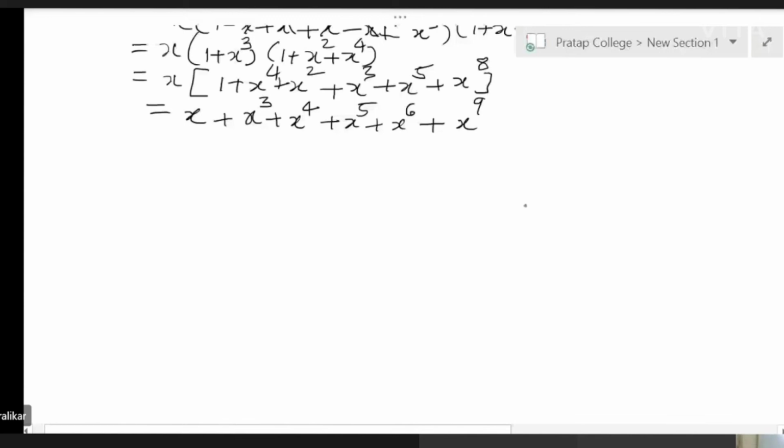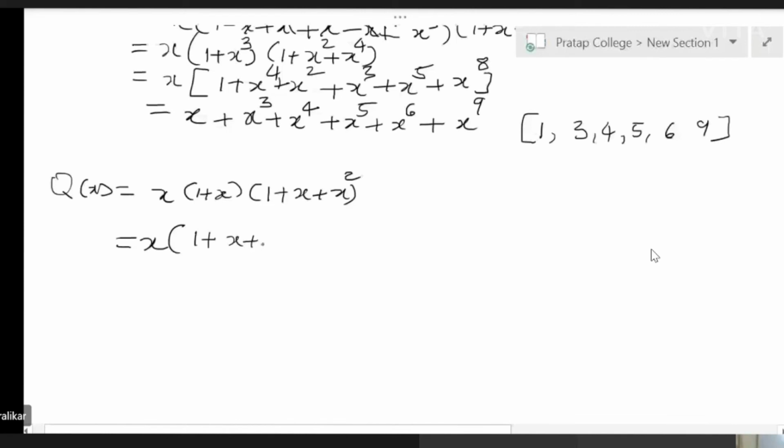It is 1 plus x, this into 1 plus x cube, and x square. That 1 minus x factor has disappeared. So let us write again. 1 plus x square plus x cube. Why do I make such silly mistakes?